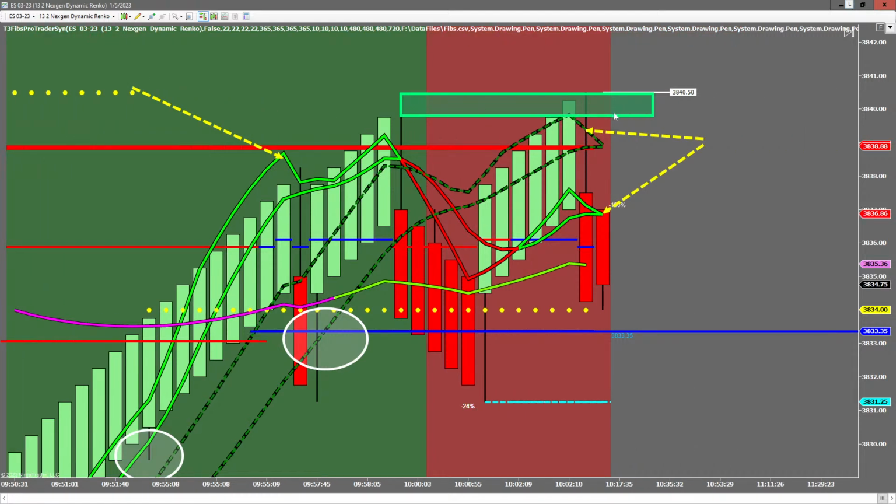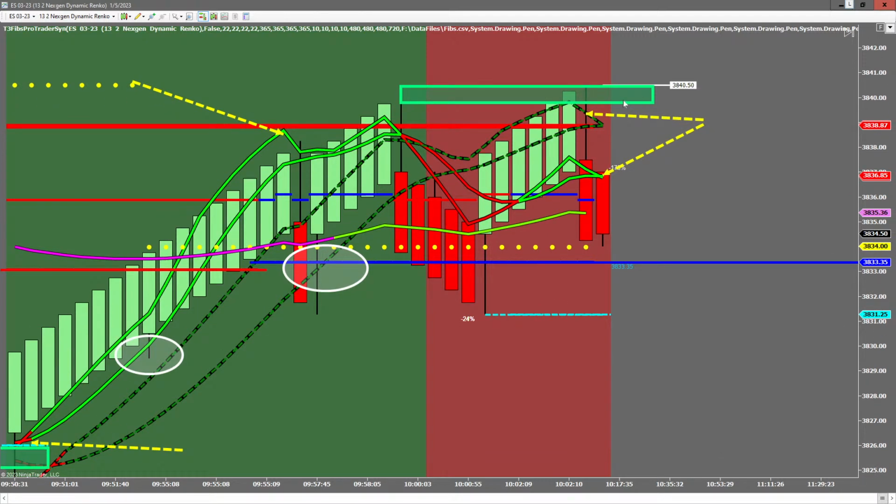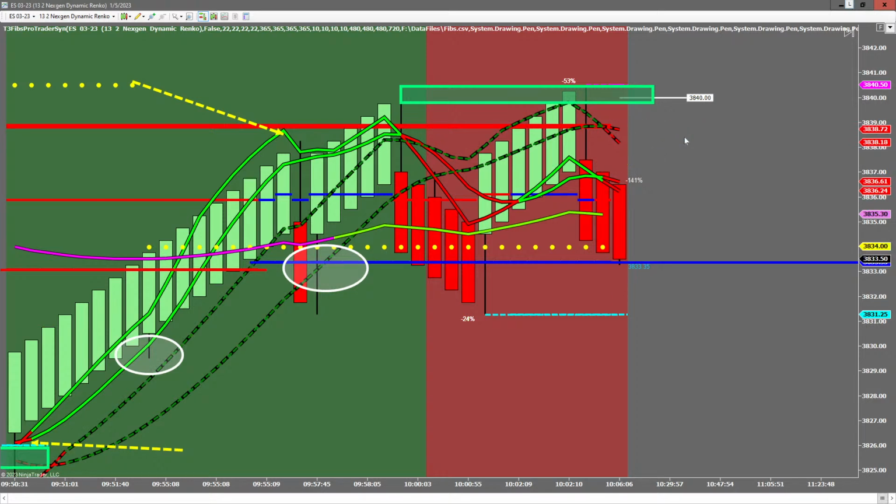But we're losing momentum. So this is the kind of area that would make a good top if we break through and all the triggers get strong. Now, unless this chart looks right for a trade, you're not going to get one.